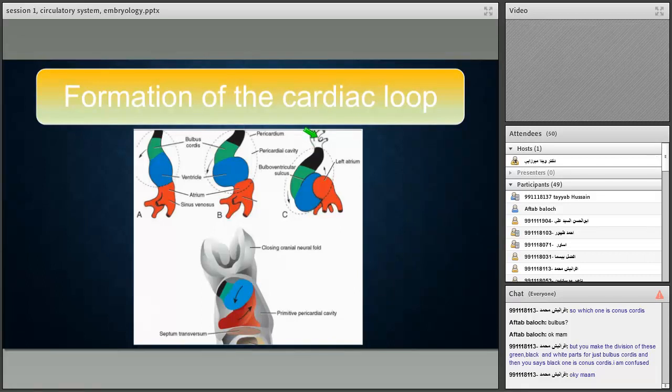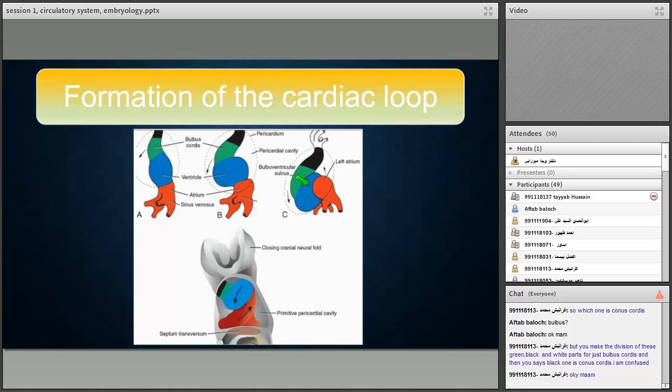The green part is forming the trabeculated part of the right ventricle. The black part of bulbus cordis is called conus cordis. And the conus cordis is forming the outflow of both ventricles, right and left.